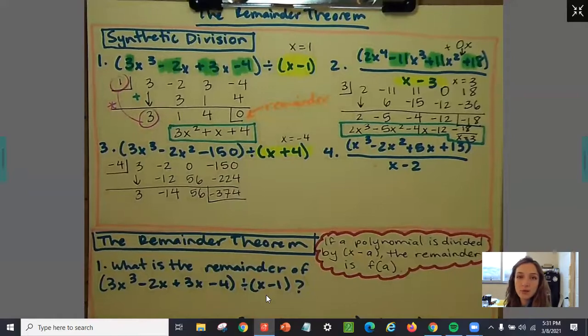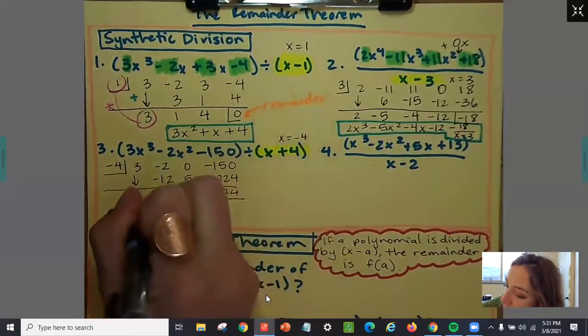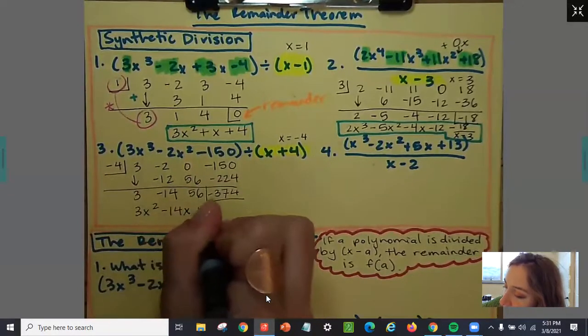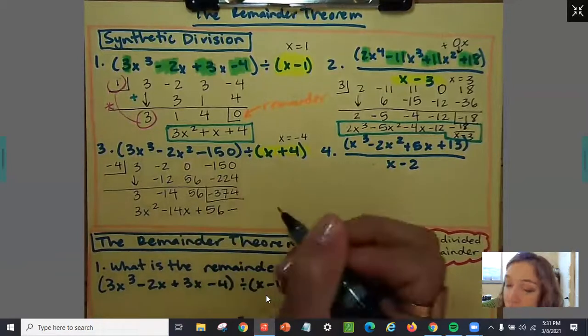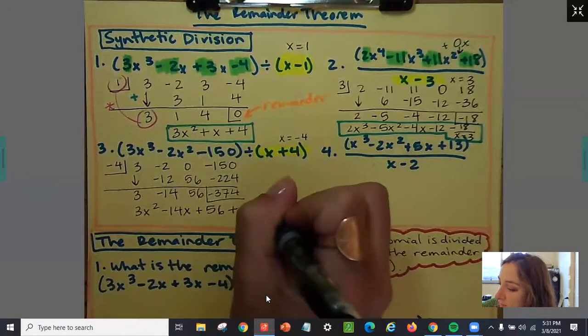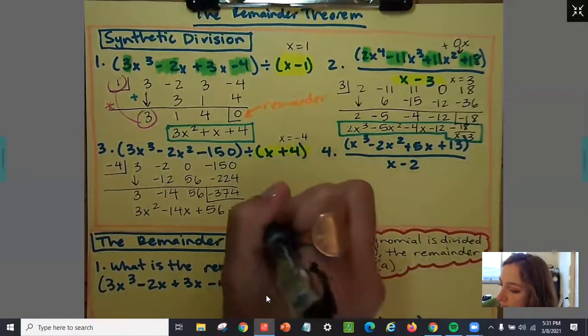Okay, and that's going to be our remainder for this problem. And we started with x to the third, so now we're going to start with x squared. 3x squared minus 14x plus 56 minus, or you can do plus, so let's do plus, negative 374 divided by what we're dividing with at the beginning, which was x plus 4.